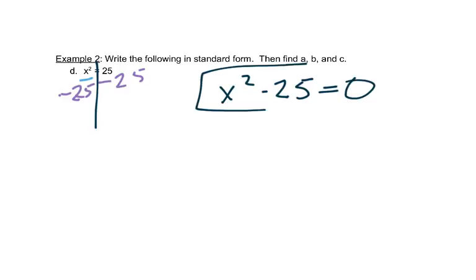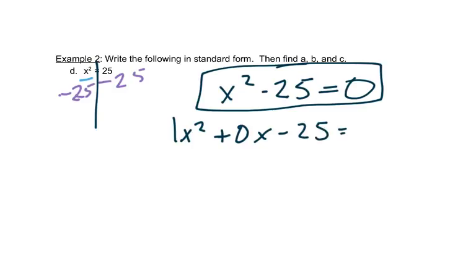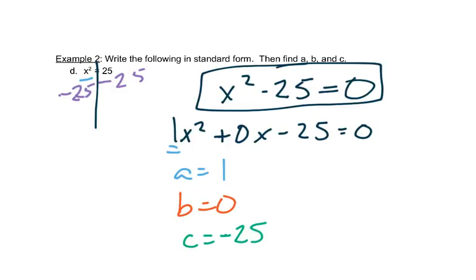So now this is standard form, but you may want to think about it like this because there's no x written there. And that allows us to see that A is 1, B is 0, and C is negative 25.